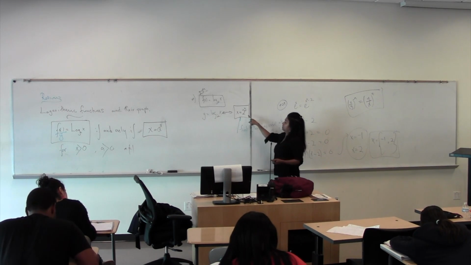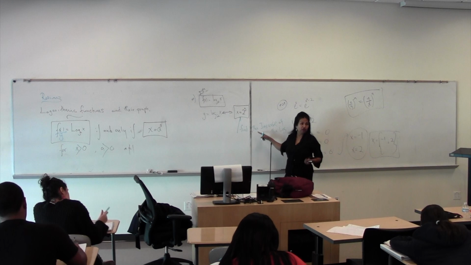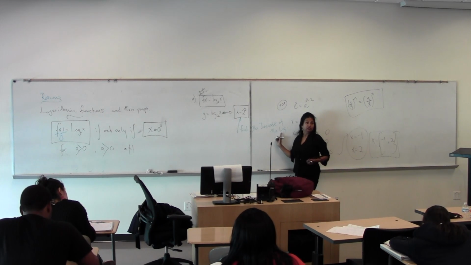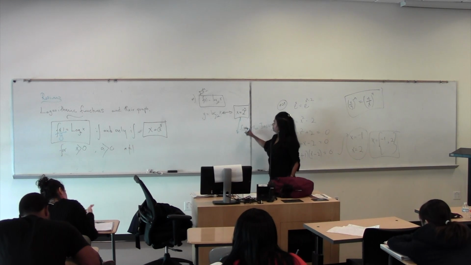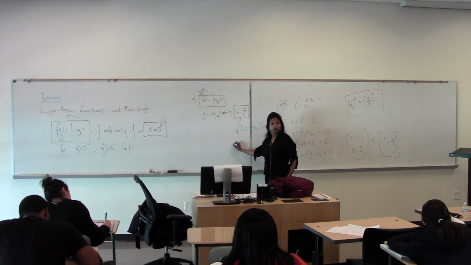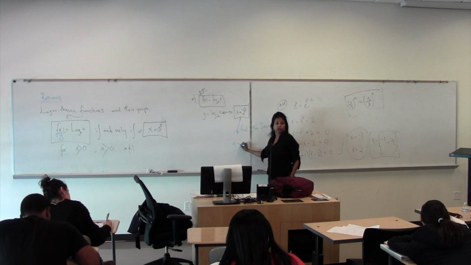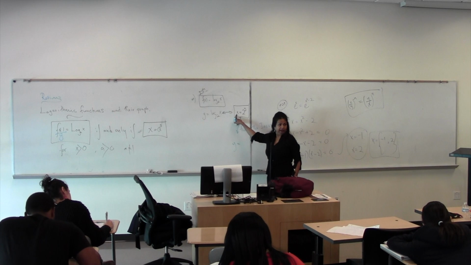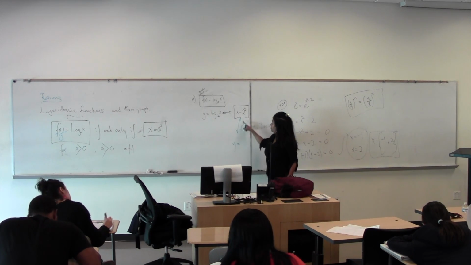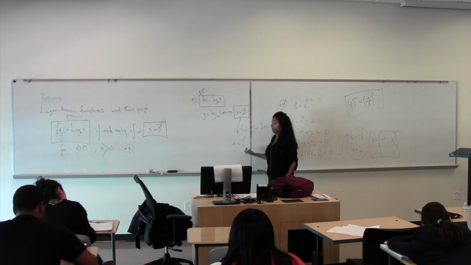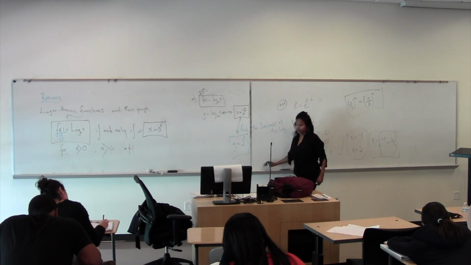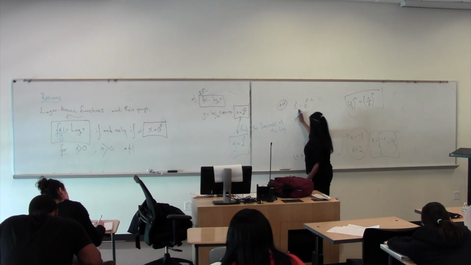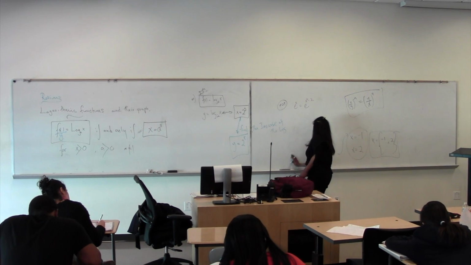This is a log function, okay? I'm going to find the inverse of the log. Are you following me? So what's the inverse of the log going to be? Substitute x by y and y by x, that's how we find the inverse, right? This is the inverse of the log function. So now all I have to do is graph the inverse of the log function.